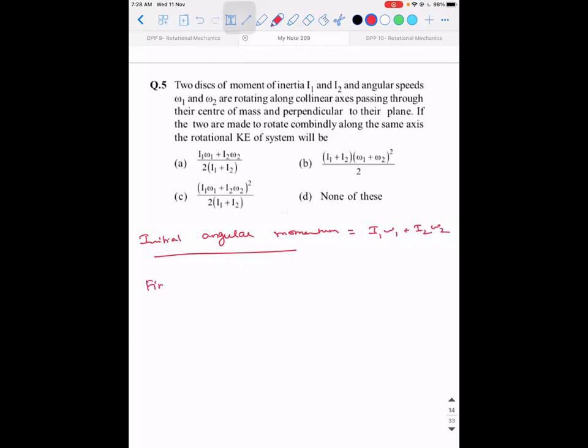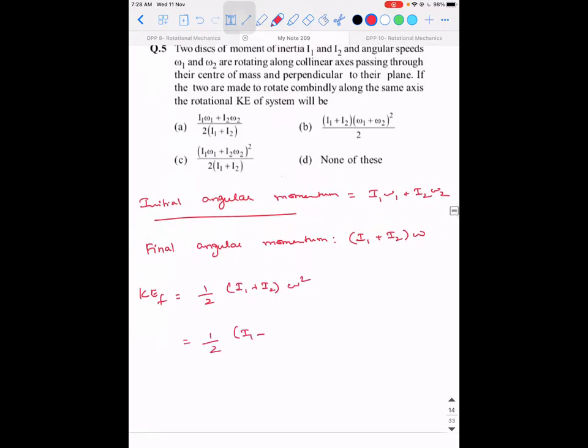What will be the final angular momentum? It is very much similar to the perfectly inelastic collision. So it will be I1 plus I2, that is both the moments of inertia get added, and they will have a common velocity omega. Since they're asking the final kinetic energy of the system, kinetic energy final is equal to half into I1 plus I2 into omega square.